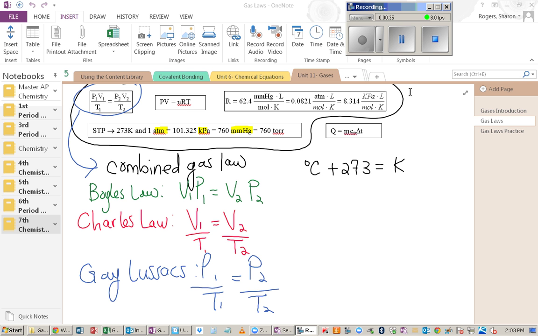Now, after y'all went in the back and had your challenge where you had to make the diver go down to the bottom of the sea, I had y'all come back up front. We looked on the back of the periodic table at this particular formula. Tell me, what is important about that formula, Bailey?